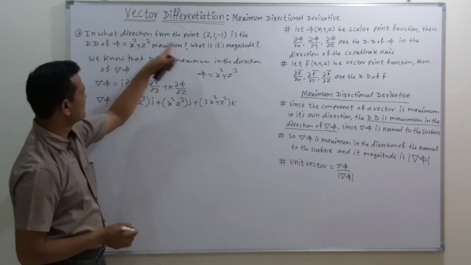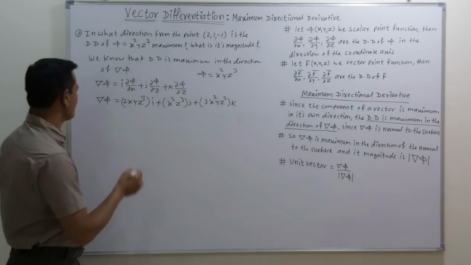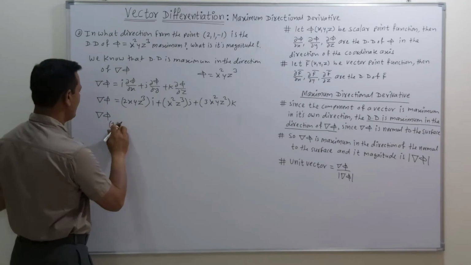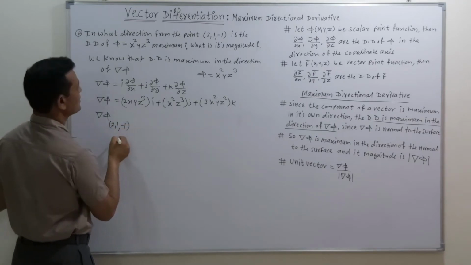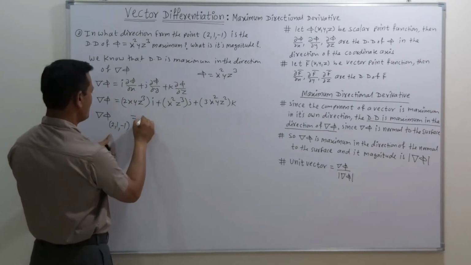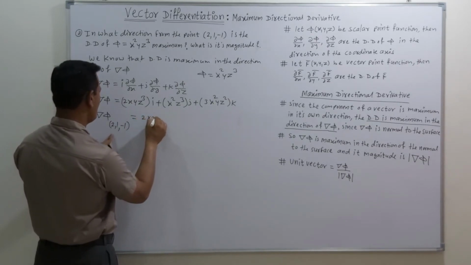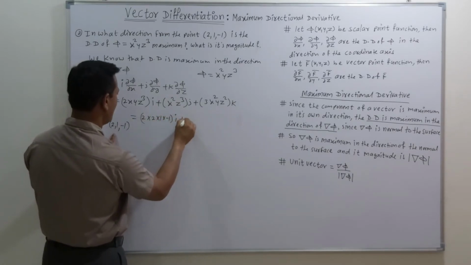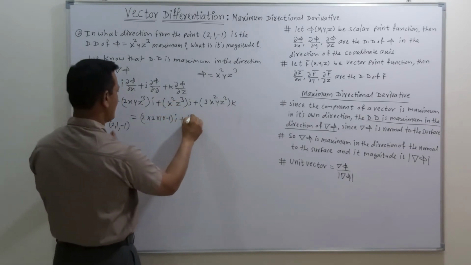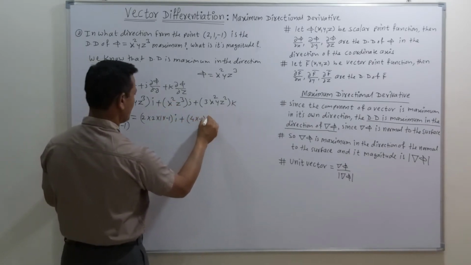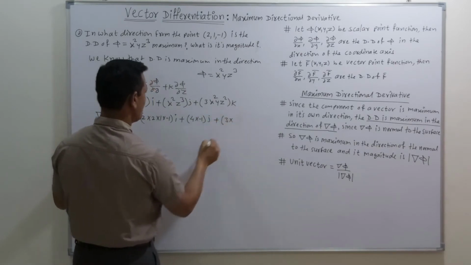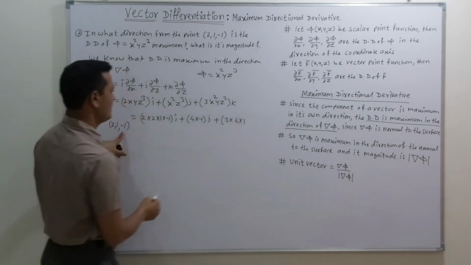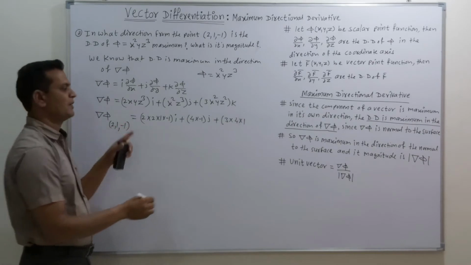But our aim is to find out the maximum directional derivative at the point 2, 1 and minus 1. So the value of del phi at the point 2, 1, minus 1: we can write x is equal to 2. So this is 2 into 2, then into 1 into minus 1 i, plus this is x square, that means 2 square, which is 4, into minus 1 j, plus this is 3 into x square, 2 square is 4, into y is 1 and z square means minus 1 squared is 1, so 1 into k.